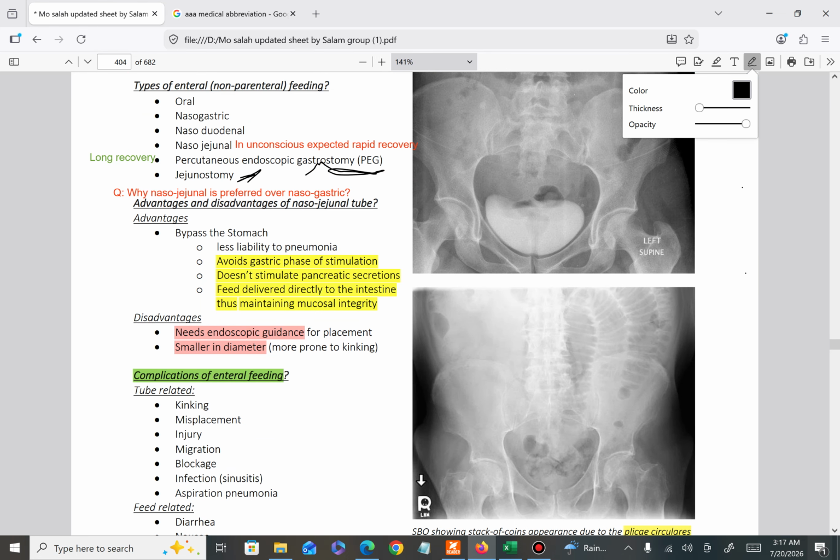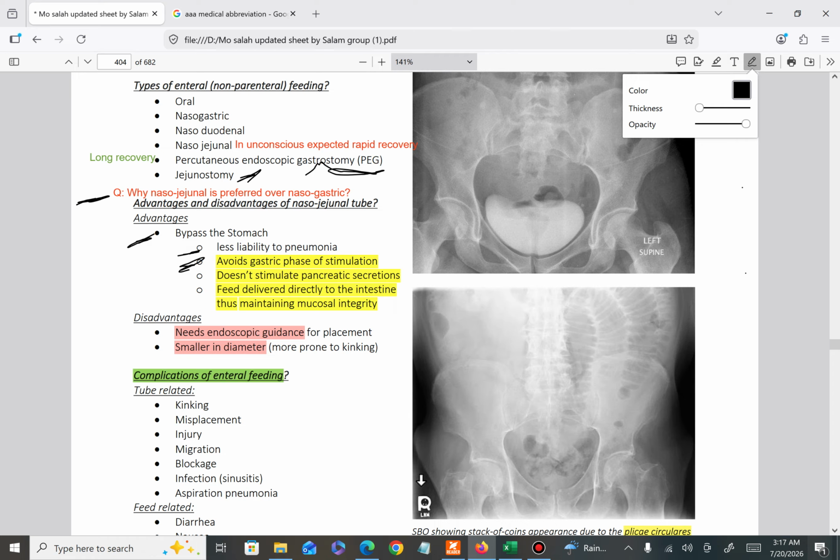Now, why is nasojejunal preferred over nasogastric? Advantages and disadvantages of the nasojejunal tube. The advantage is that it bypasses the stomach, so there is less liability to pneumonia, and it avoids the gastric phase of stimulation.